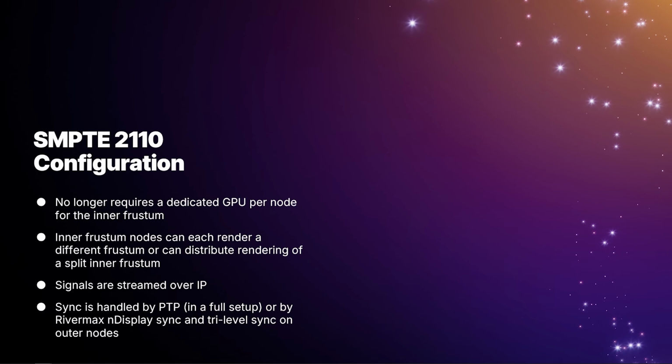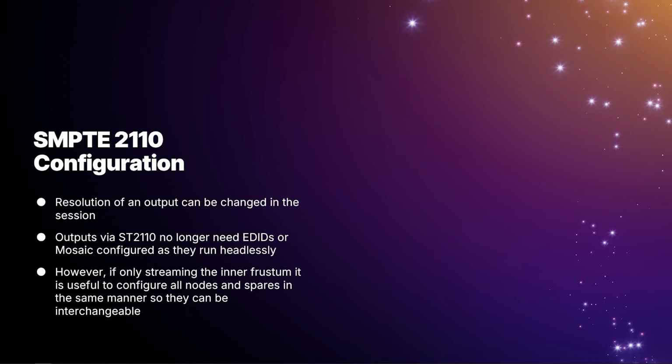You also needed to have EDID set for all of your outputs and configure Mosaic. With SMPTE, you don't really need that. Everything is running headless if it's sending a SMPTE network signal, so you don't have to do that process anymore.